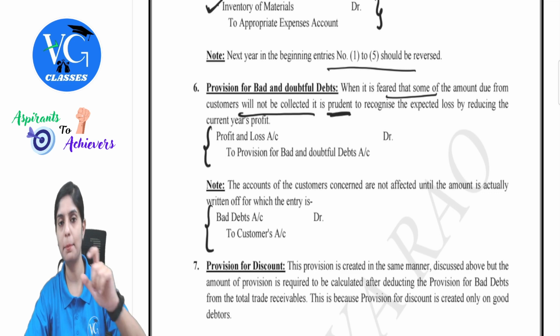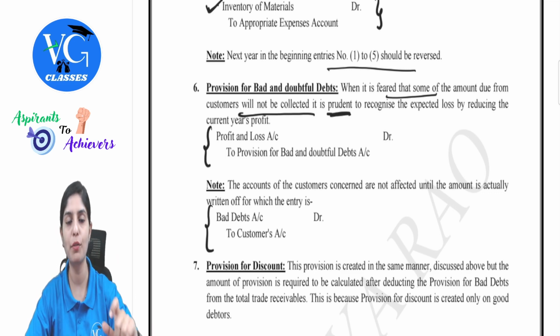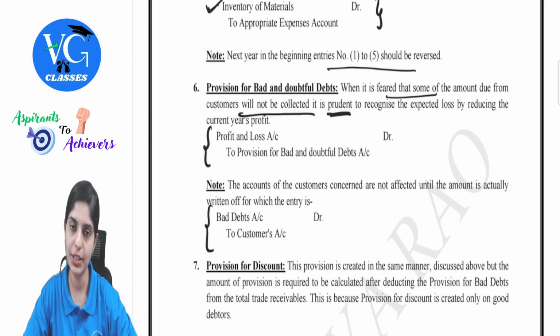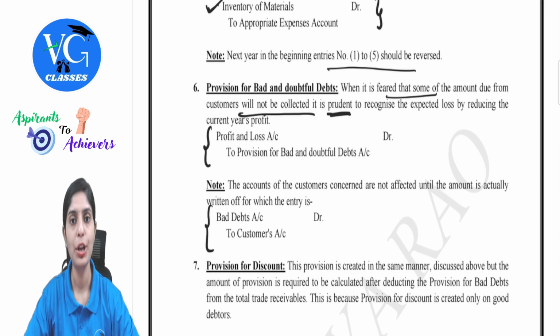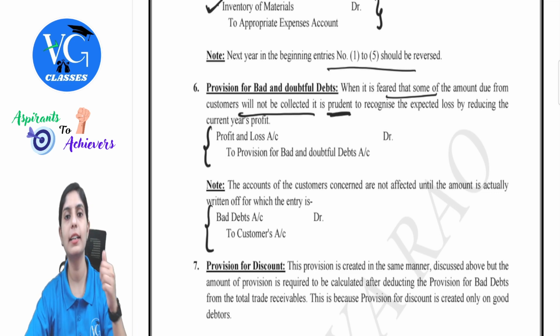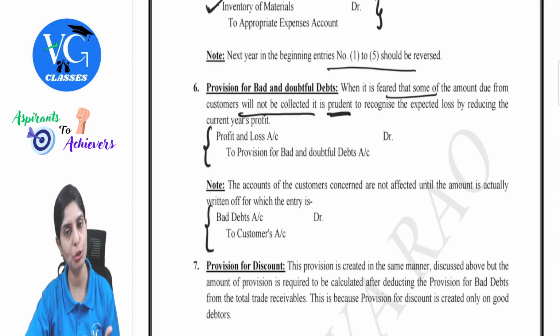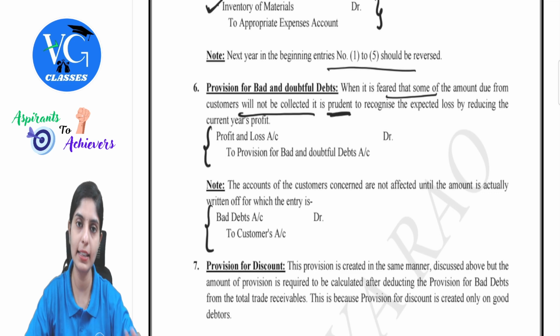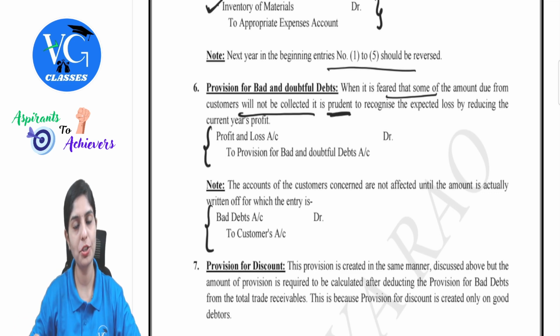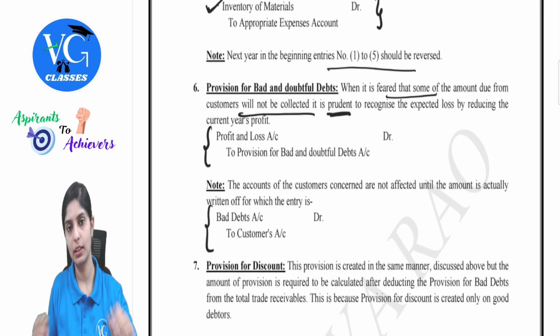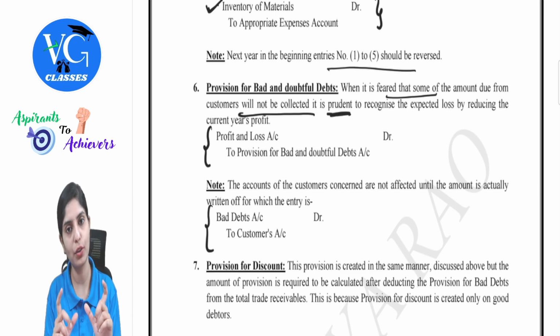So bad debts separately in adjustments, then provision separately in adjustments, and also provision in trial balance. Now you have to first bifurcate it into old provision and new provision. The old provision is what is already there inside the trial balance. The new provision is what you are yet to create, comparing with the balance of shortfall.